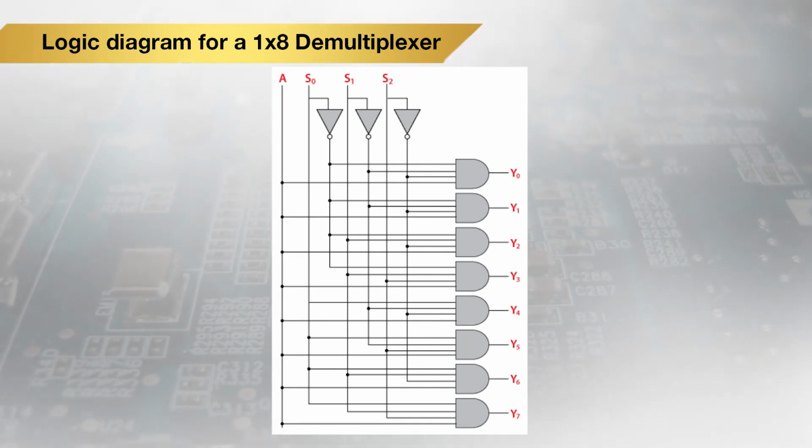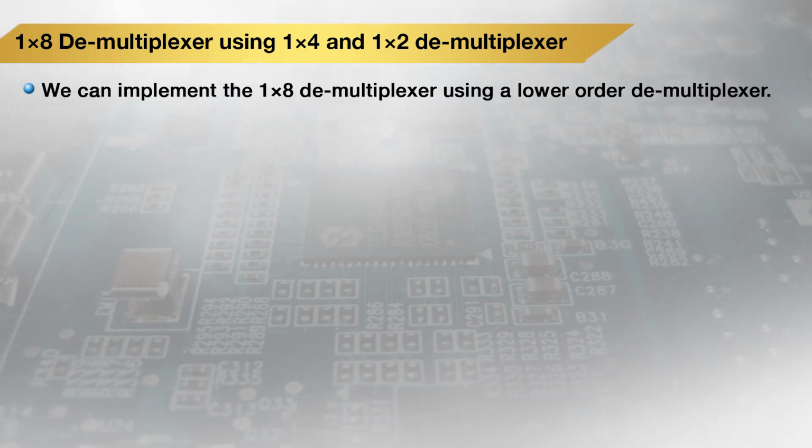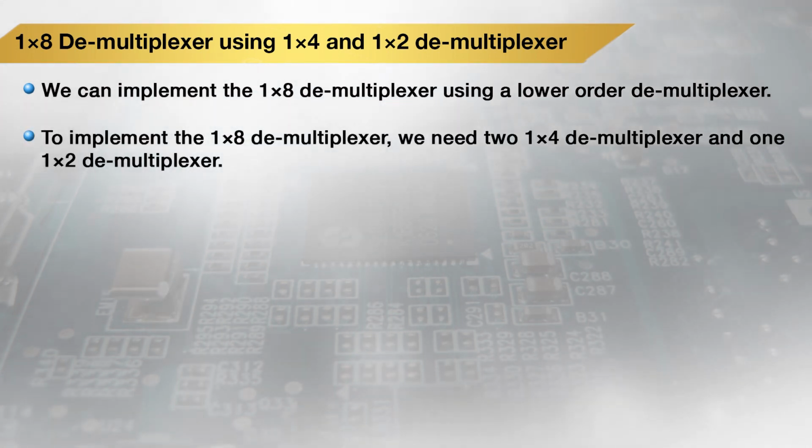So let's discuss how to design a 1x8 demultiplexer using 1x4 and 1x2 demultiplexers. We can implement a 1x8 demultiplexer using lower order demultiplexers. To implement it, we will require two 1x4 demultiplexers and one 1x2 demultiplexer.